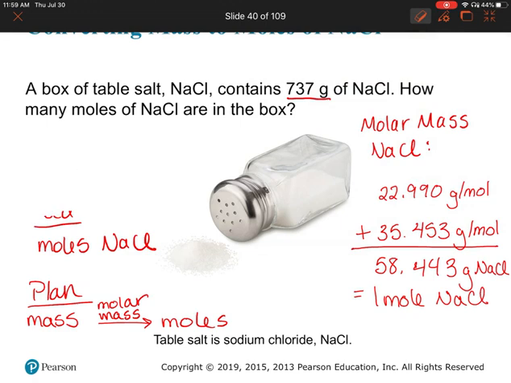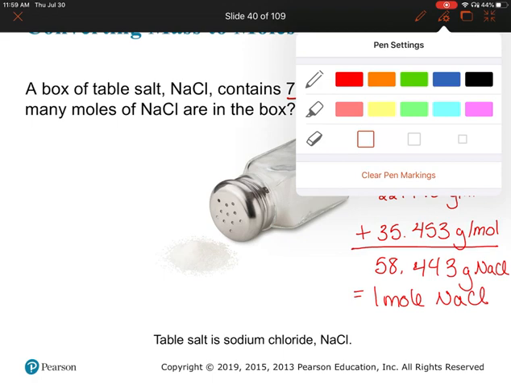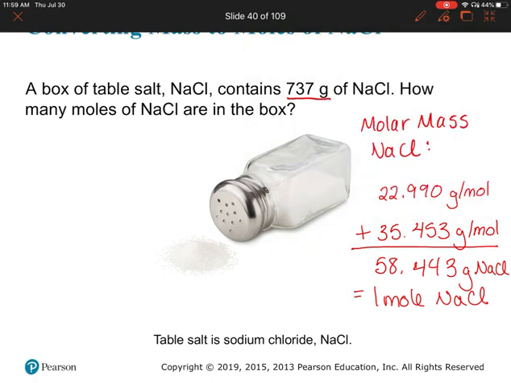Okay, so I'm just going to make some space over on the side here. So now we can set up our problem. We can say, okay, I have 737 grams of sodium chloride in this box of sodium chloride. So now how many moles is that?